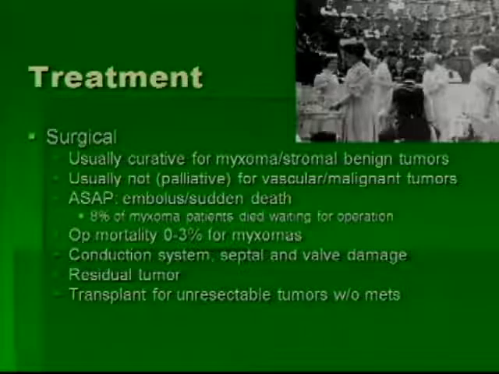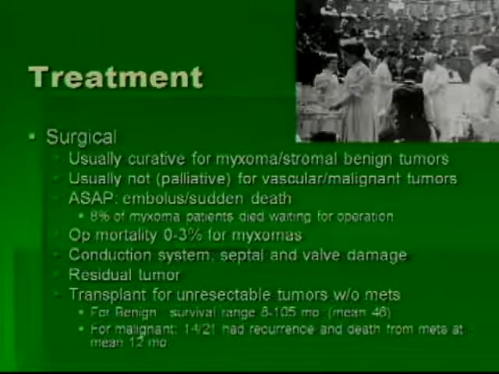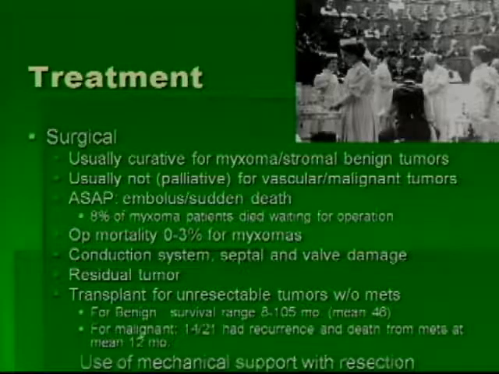Transplant has been used for unresectable tumors without metastasis. And for benign tumors, the survival range is decent, obviously not as good as for patients who are transplanted without tumors. But for malignant, it hasn't been that good. In one series, 14 out of 21 had recurrence and death from metastasis at a mean of only 12 months.